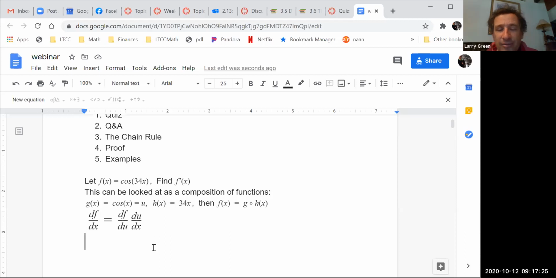We don't treat it as a fraction anymore, and there are reasons, having to do with infinitesimals, but I'm just not going to go there. So we have to be careful about treating it as a fraction. The good news is it still works. Even though this is not a proof, it is a guideline to what we need to do. Any questions on that?